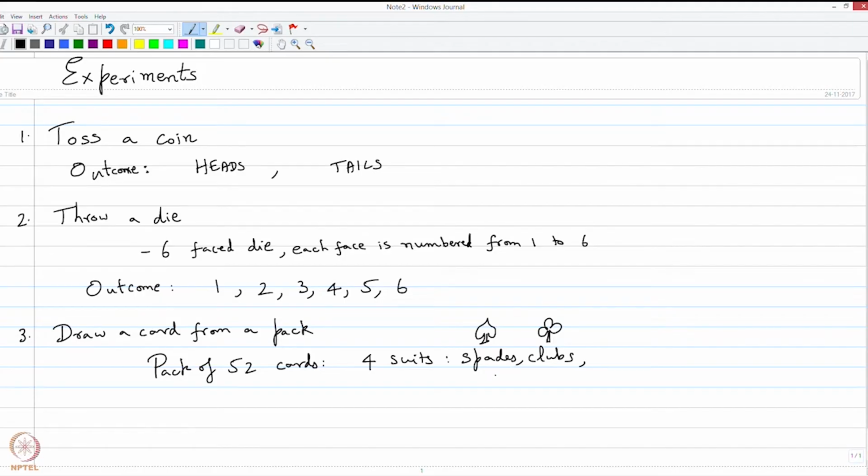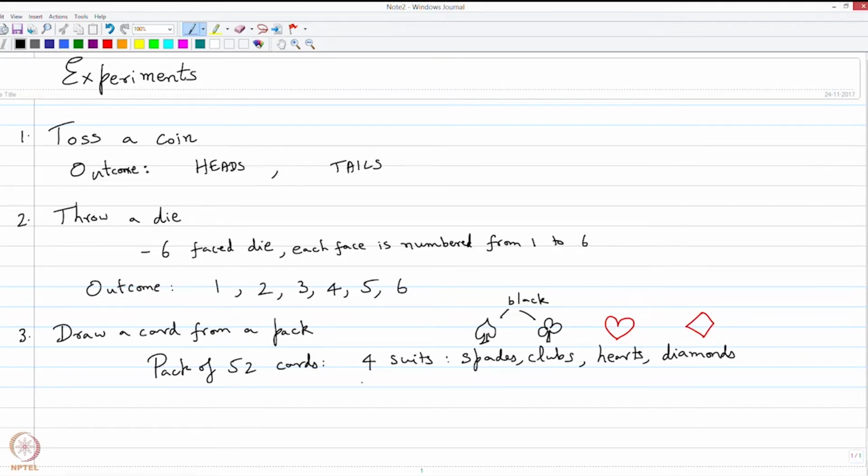These 2 are black, right, and then you have the red suits which are hearts and diamonds. Now, maybe I should use the red color to show the hearts and diamonds. So, these are the 4 suits in the pack of cards.